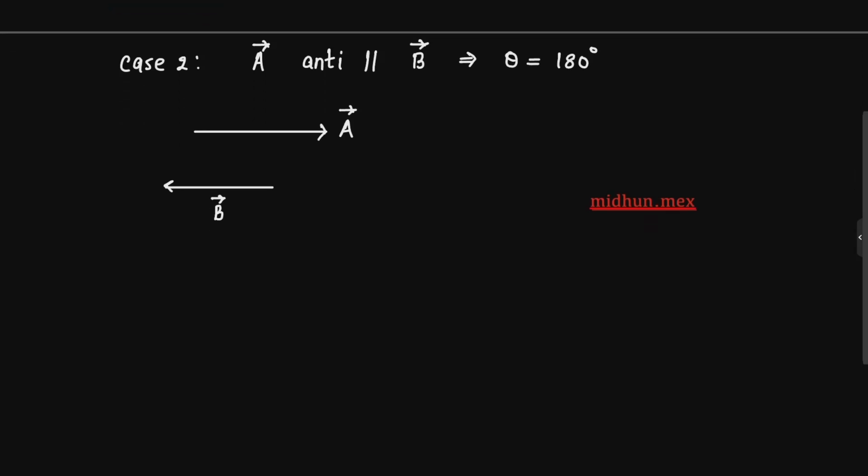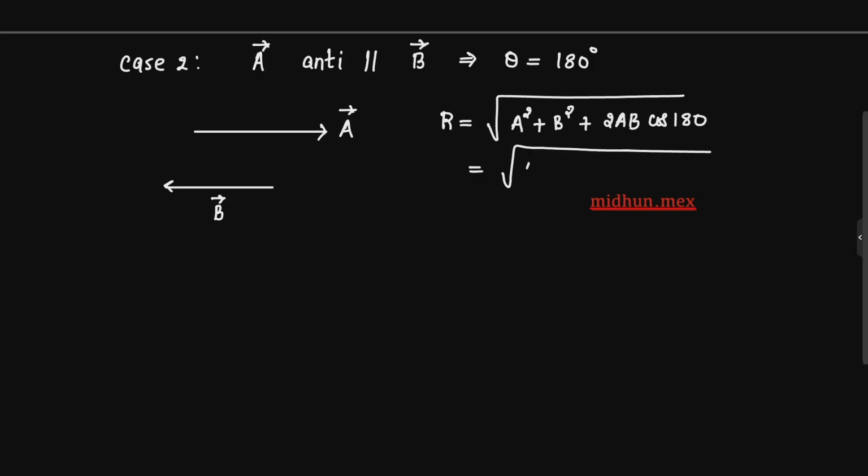Then we will apply it in our resultant formula. R is equal to root of A square plus B square plus 2AB cos 180 will come. We know cos 180 has a value minus 1. So this value will come as root of A square plus B square minus 2AB.